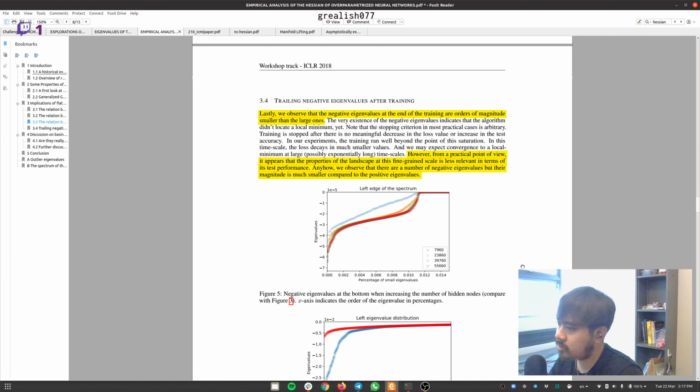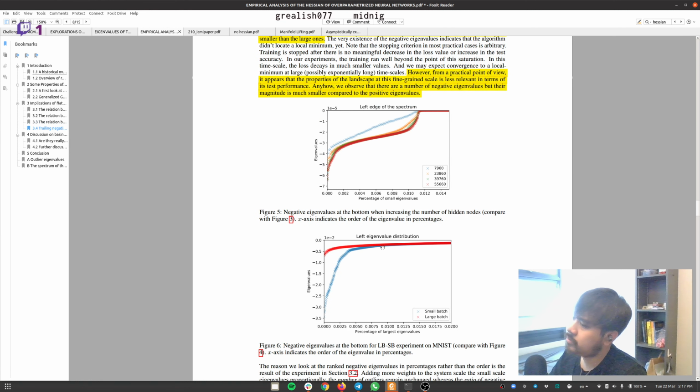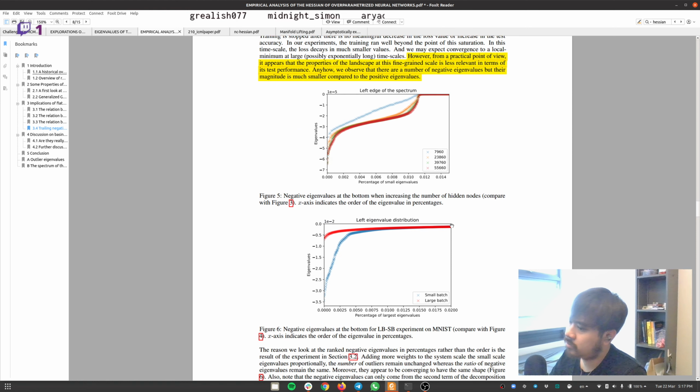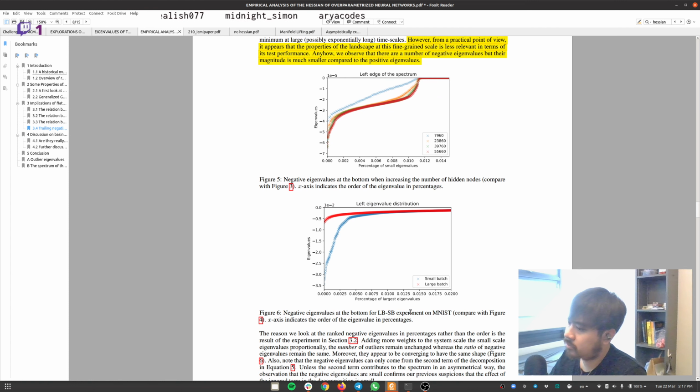Oh, it's just the ranks, or left part of the spectrum. I guess a small batch would be the order in percentages. Oh, okay. Ah, I see. It's a weird way to put it, I think, but okay.